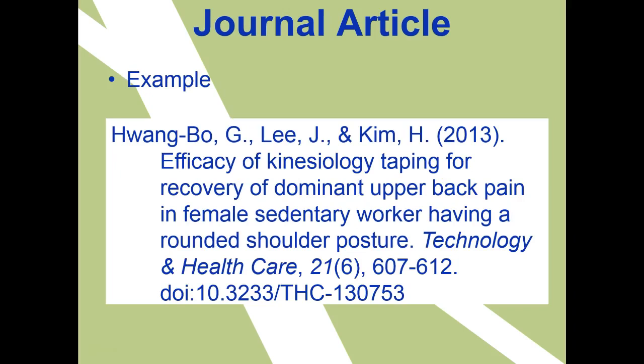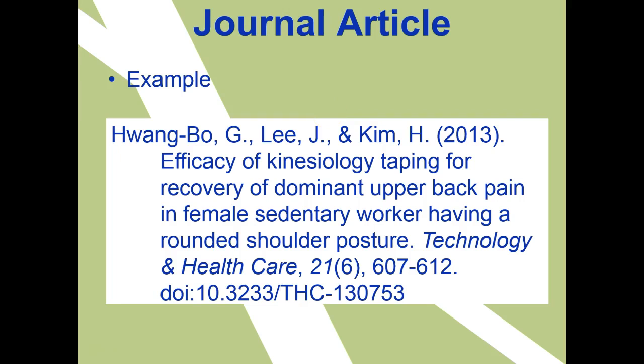So here is a good idea to just beat you with a dead horse here, because we've been giving you the example. Huang, Bo, G, Lee, J, and Kim, 2013. Efficacy, blah, blah, blah. Technology and healthcare. And again, please remember, we use the ampersand in the author list of authors, and we use the ampersand in the journal title here.